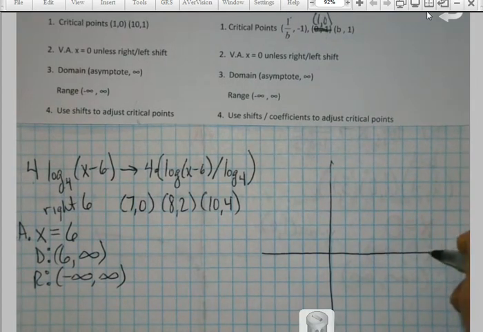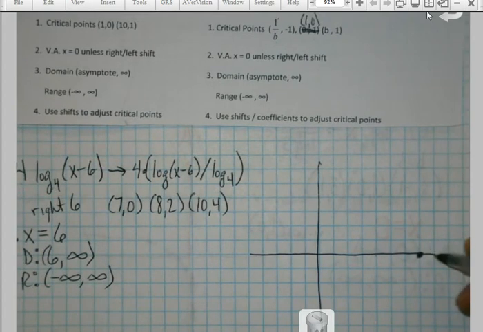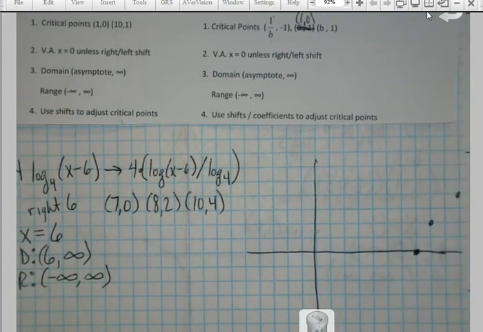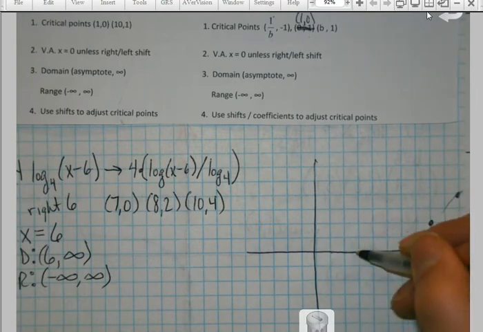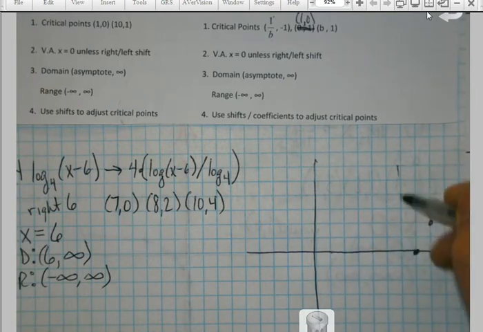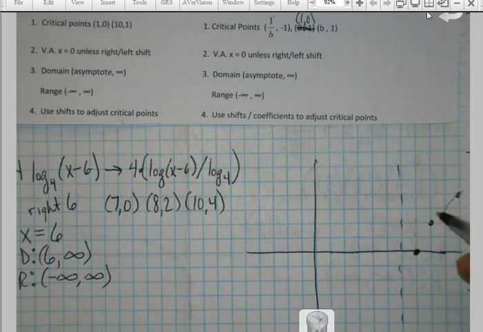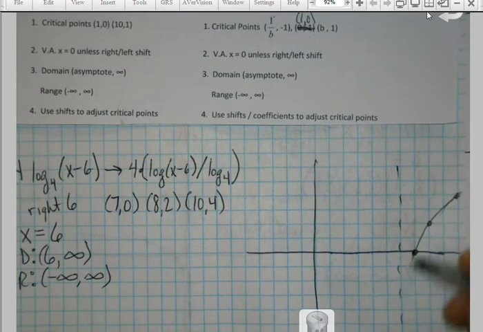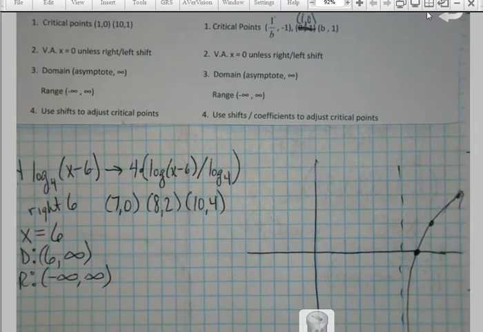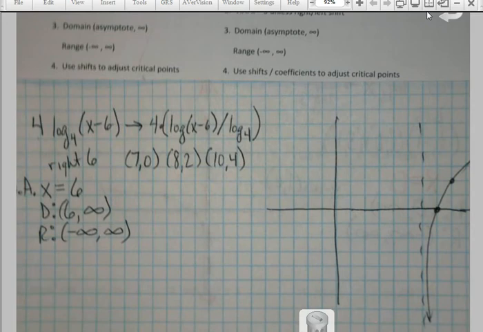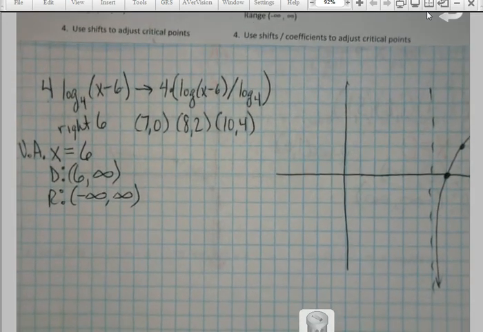Yeah, I'm going to squeeze this in. And I can get my asymptote in. And have all the values that I need to be able to find my solutions.